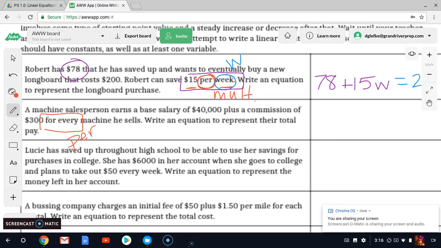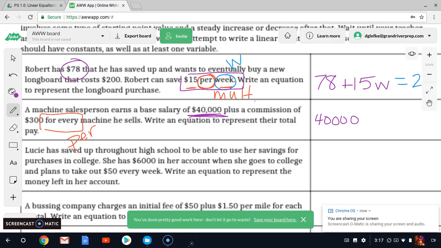And he already has a base salary of the 40,000. So we're going to start with that 40,000. So we have 40,000 plus, so it says the word plus, so we're going to put a plus sign. Plus a commission of 300 for every machine he sells. And that means per, so 300 times the number of machines.